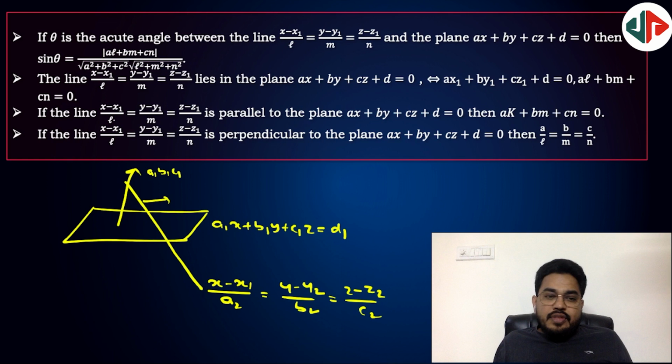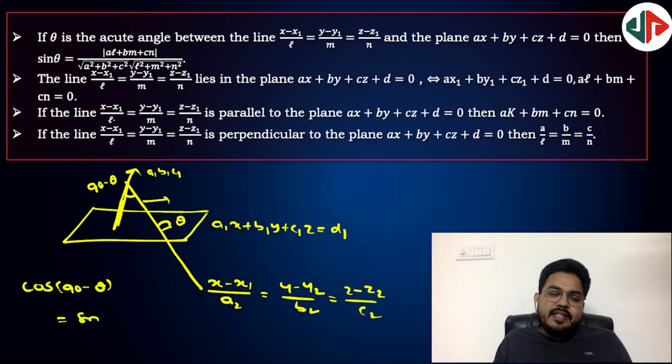So this normal is perpendicular to the plane. So if the angle between line and plane is theta, then the angle with the normal is going to be 90 minus theta. So cos of 90 minus theta, which is sin theta, is equal to the angle between these two lines whose DRs are A1, B1, C1 and A2, B2, C2.